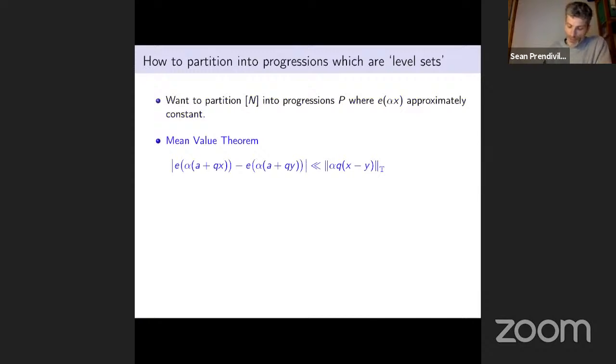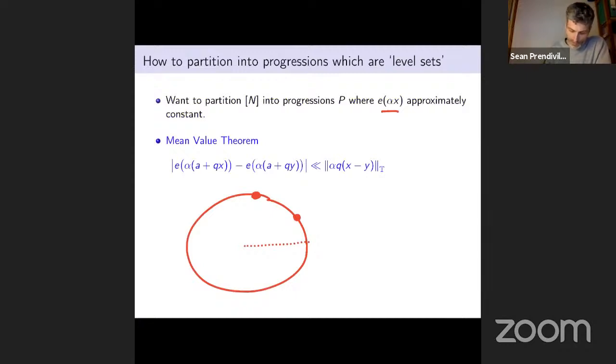So let's first think about how these phases behave. These phases are what appear in our Fourier transform. That's here. If you want the phases to be approximately constant, you have to compare how close they are to each other. These are points on the unit circle. Let me draw the x-axis.